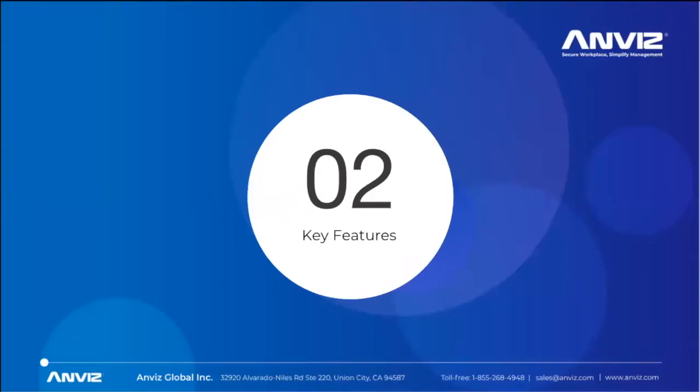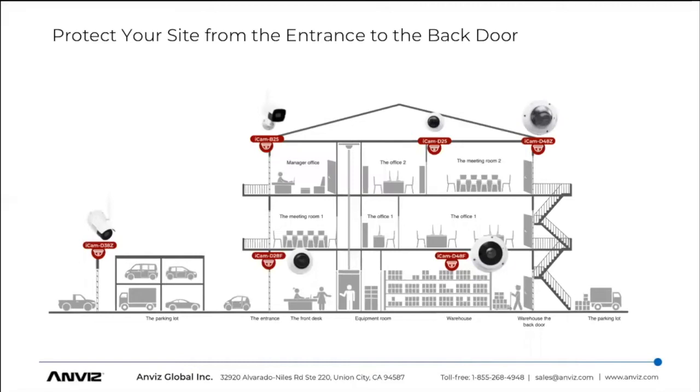Okay, let's go to the second part, about the key functions of IntelliSight. From this image, you can see IntelliSight can give you full protection for your working site. From the entrance and parking lots, to the reception area, to the warehouse.